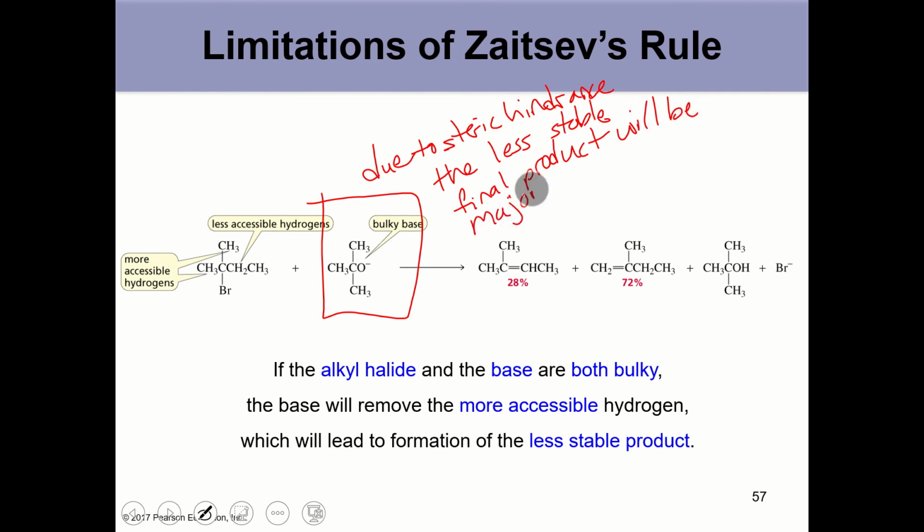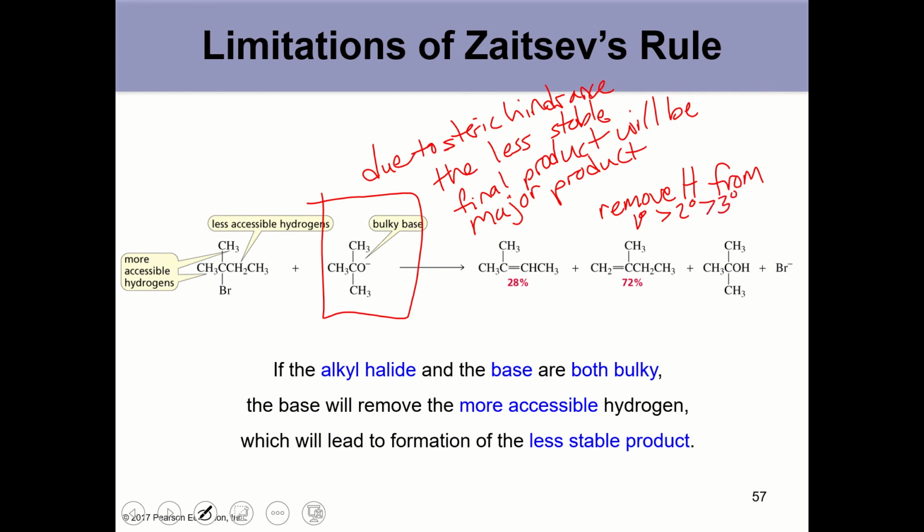So a bulky base selectively removes hydrogens from the less substituted carbon. So it will first remove hydrogen from primary, then secondary, then tertiary.